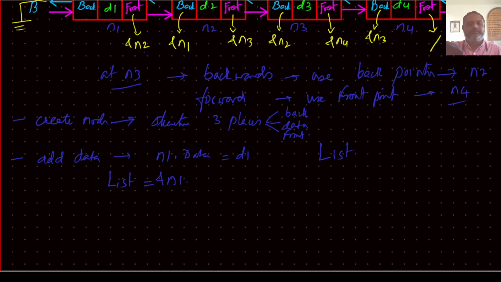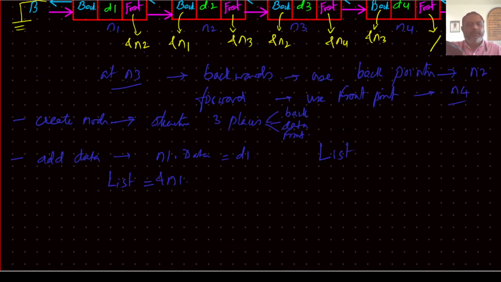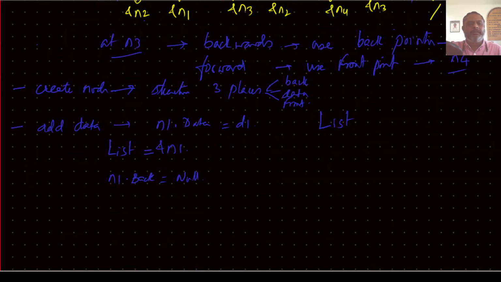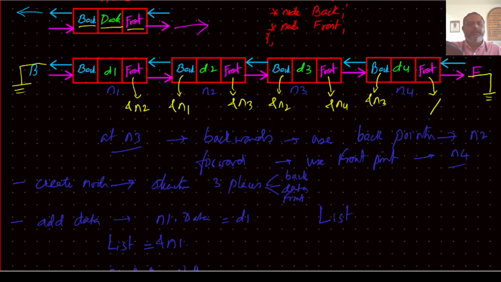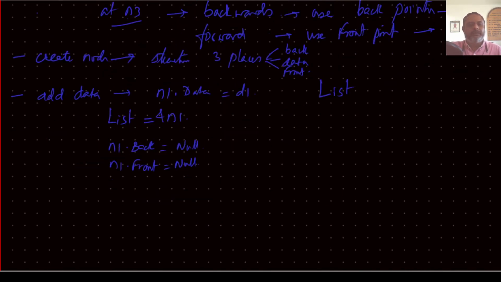Then n1's back is null because nothing is there before n1. N1's front is null because nothing is there after n1, because we have inserted only the first node.